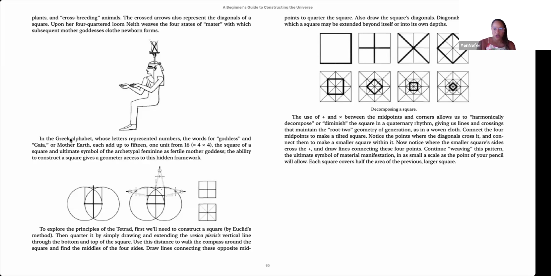Now notice where the smaller square's sides cross the plus, and draw lines connecting these 4 points. Continue weaving this pattern, the ultimate symbol of material manifestation, in as small a scale as the point of your pencil will allow. Each square covers half the area of the previous larger square.